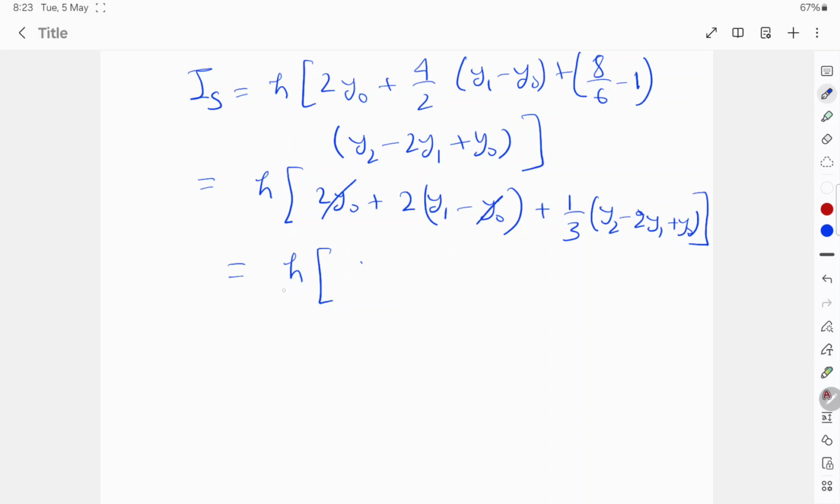If you take 1/3 common, this becomes 6y1 plus y2 minus 2y1.